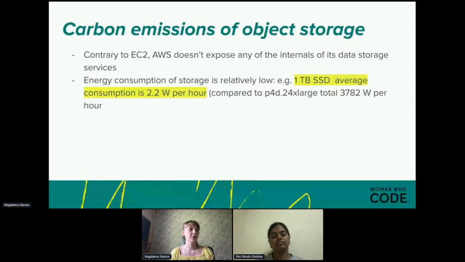For example, for 1 terabyte of SSD storage, the average consumption is only 2.2 watts per hour compared to the total of 3,782 watts per hour of the machine we just looked at. So storage is in that way electrically cheap, cheaper than compute. However, accessing the storage, reading from it and writing to it can be more expensive.